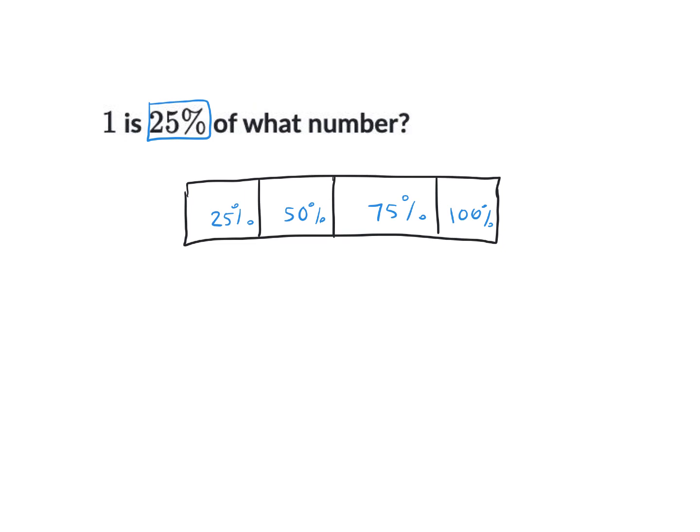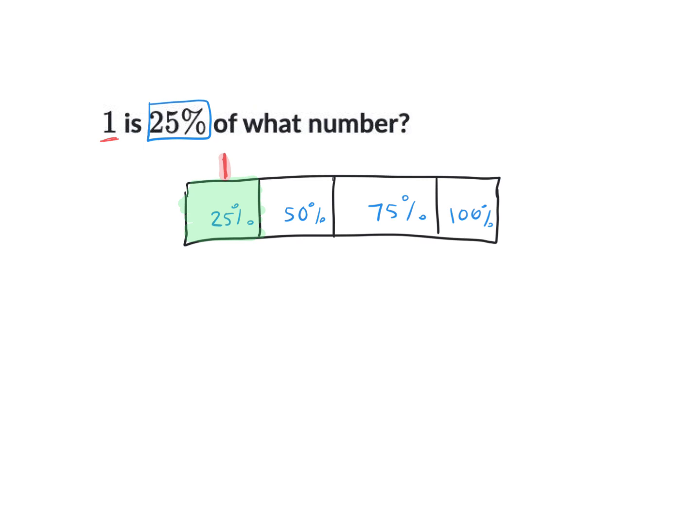Aren't we like making 25 the full number and then break it? No, remember, they're telling you 1 is 25% of what number? So this is 1 here. This is 1.